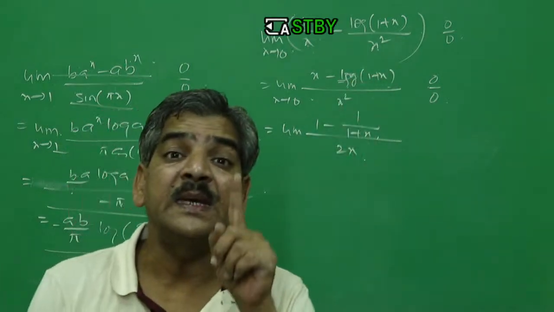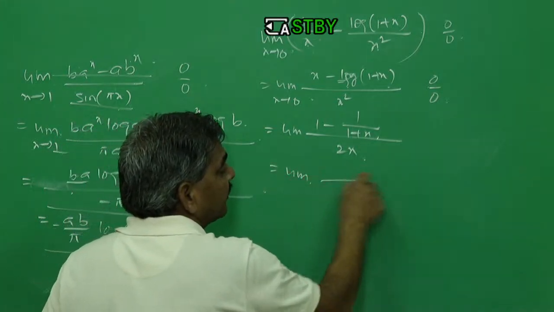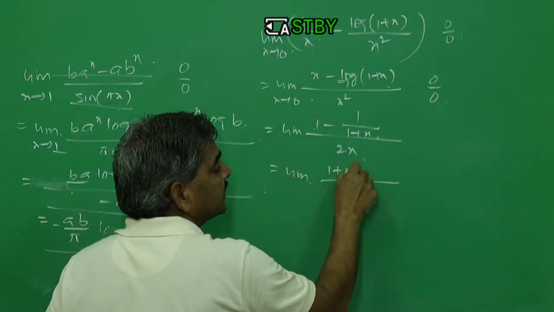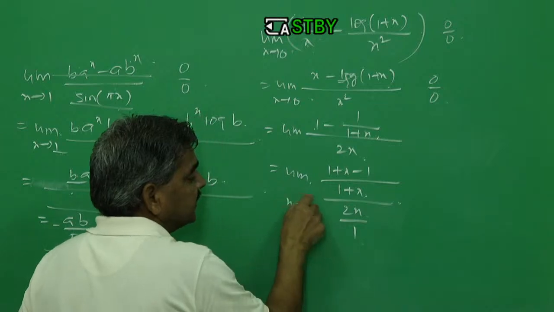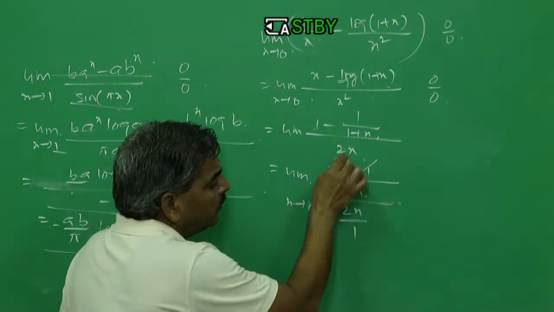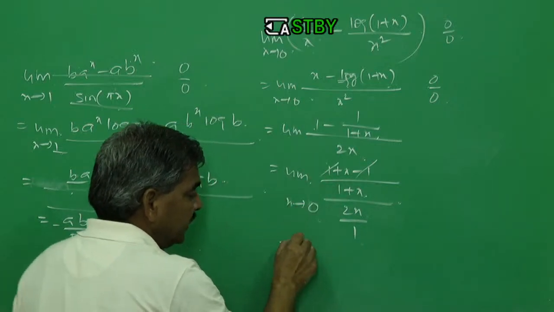Derivative of 1 plus x is 1. Okay, so this is equal to limit of, if I take the LCM, 1 plus x, numerator is 1 plus x minus 1 whole upon 2x upon 1, x tends to 0. Okay, now 1 gets cancelled, this 1 goes up, 2x goes in the denominator.